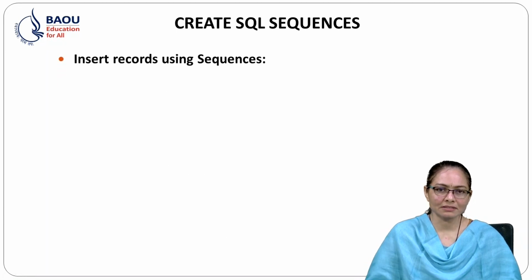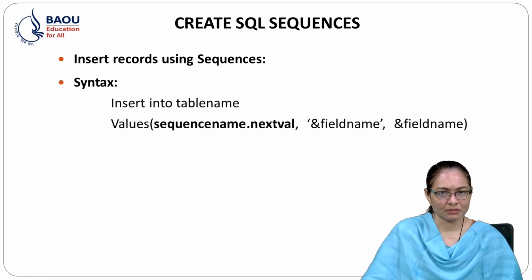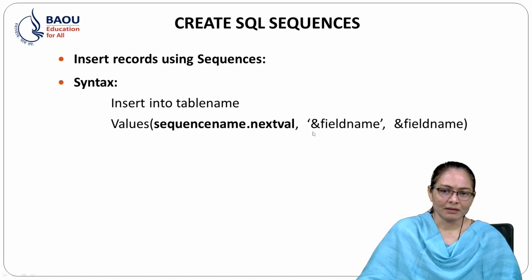Now, how to insert a record using a sequence? Insert into student table using a sequence. The syntax is: insert into table name, then values in brackets, sequence name dot nextval, comma field name, comma field name, where field name means the column name.